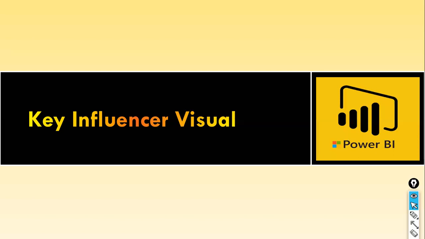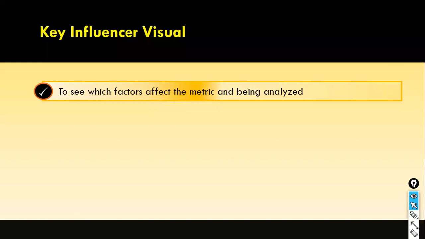With these two, Microsoft has incorporated AI capabilities into Power BI. With this new visual, as a data analyst or developer, you can have control over how to use artificial intelligence to discover insights from your data.